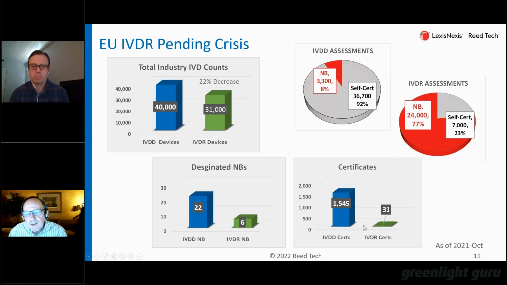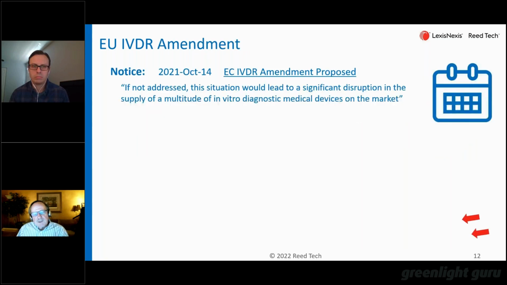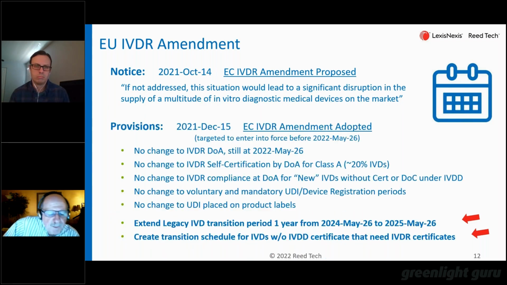All of that to say, there was this pending crisis, and it became apparent, and the European Commission rolled this in with the pandemic and put some justification forward to have a delay or some other accommodation for the implementation of the new medical device regulations. There are a number of subpoints about the proposal. It was adopted by the European Parliament in December of last year, December 15.